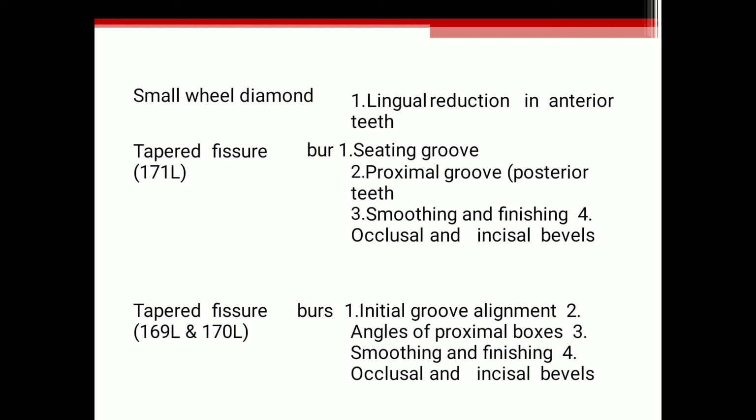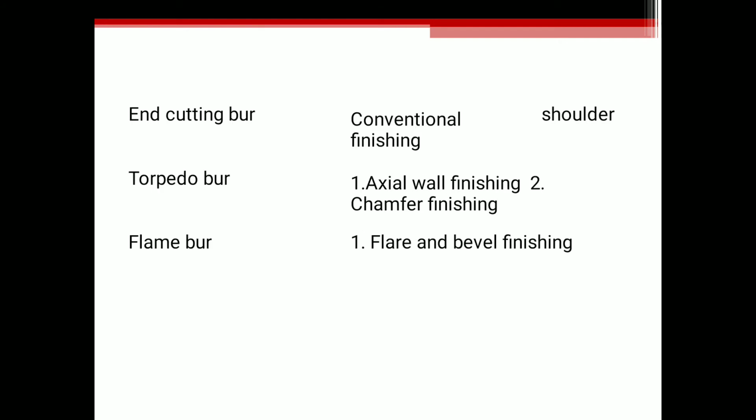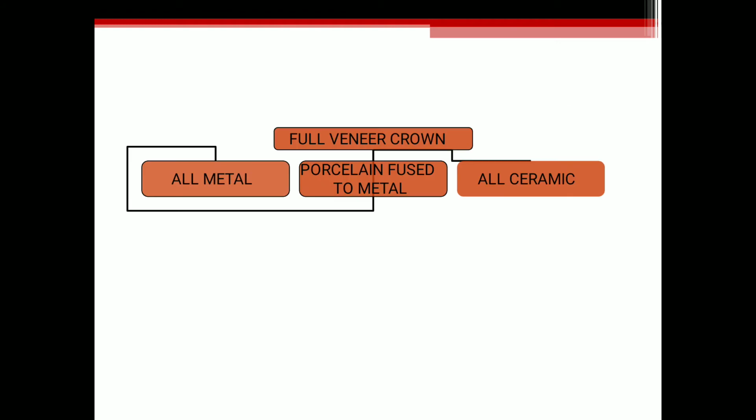The tapered fissure bur is used for seating grooves, proximal grooves, smoothing and finishing, and occlusal and incisal bevels. Tapered fissure burs are also used for initial groove alignment, angles of proximal boxes, smoothing and finishing, and occlusal and incisal bevels. And there are end cutting burs, torpedo burs, flame burs. All these are used when you are doing your preparation.